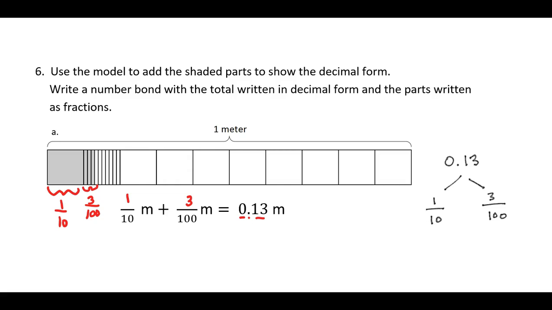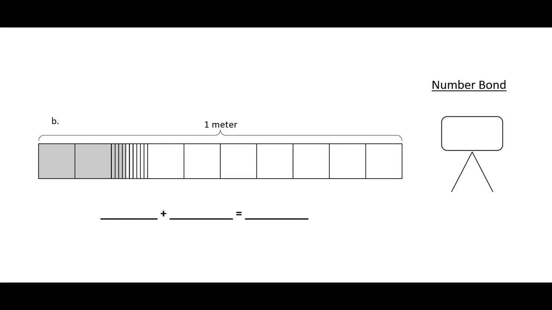The number bond has been filled in for us, so we have 1/10 represented by the 1 in the tenths place, and 3/100ths represented by the 3 in the hundredths place. Let's look at problem B. In B, I see that I have 2/10ths shaded in, so I'll write that in fraction form. So we have 2/10ths, and then I have 4/100ths.